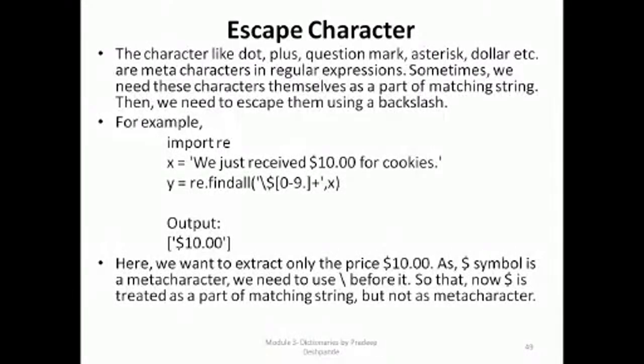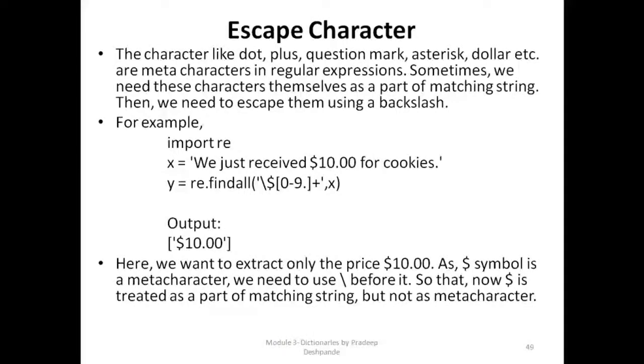So these escape characters are the ones which let meta characters represent themselves as a part of a matching string. Characters like dot, plus, question mark, star, dollar, etc. are meta characters in regular expressions. But sometimes we need the characters themselves as a part of the matching string. In such cases, we go for escape characters.